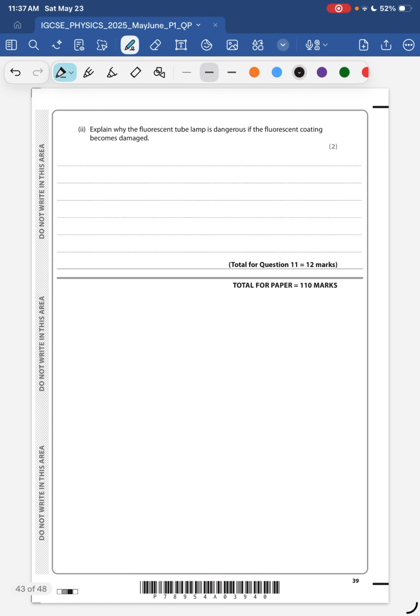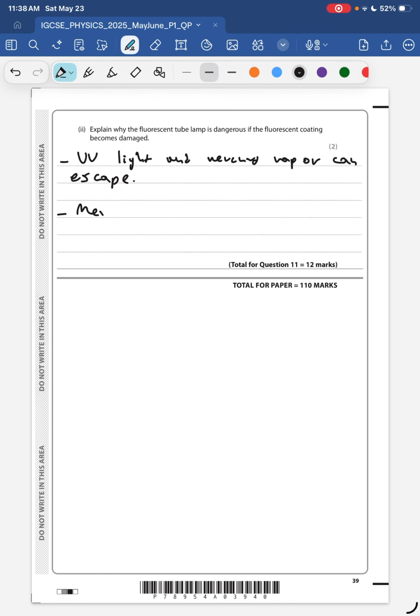All right. And 2, explain why the fluorescent lamp is dangerous if the fluorescent coating becomes damaged. So if this happens, UV light and mercury vapor can escape.